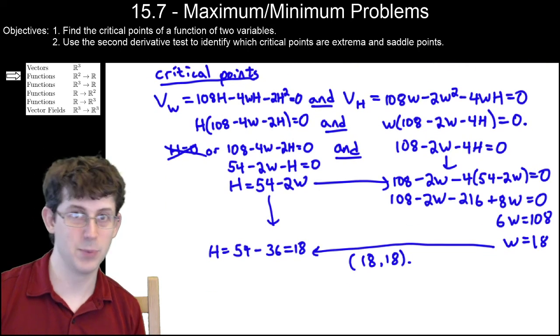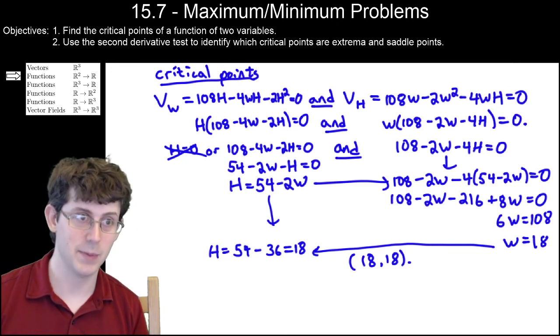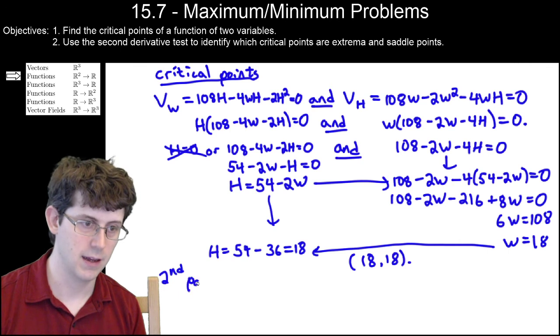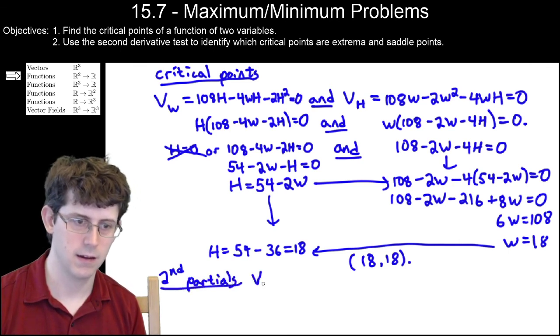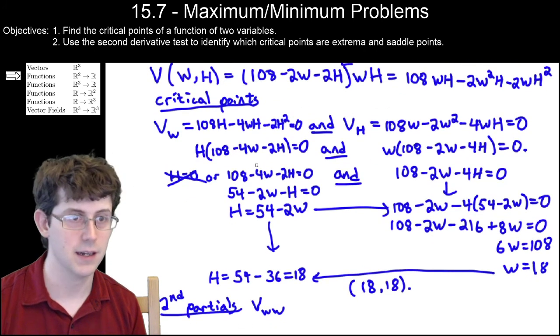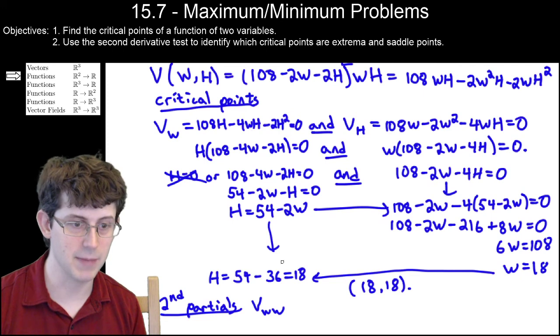Now, I'm pretty sure this is going to be the maximum again, but while we're here, we'll do the second partials test. So we'll find all the second partial derivatives. Vww looks like minus 4h.